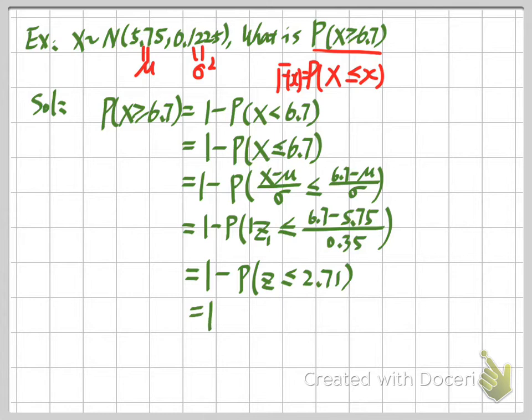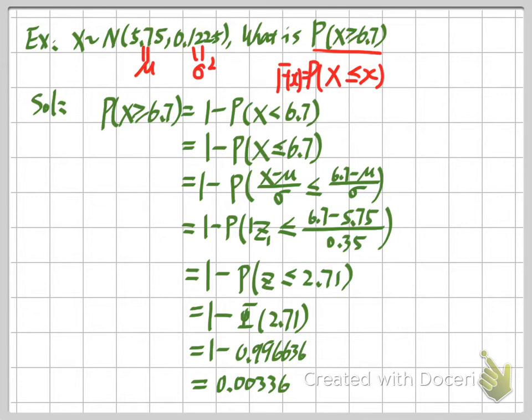In other words, this is the CDF of the standard normal random variable at 2.71. Then you can look at the standard normal random variable's CDF table. We will find the value of this CDF is 0.9966636. So the answer to this question will equal 0.003364.